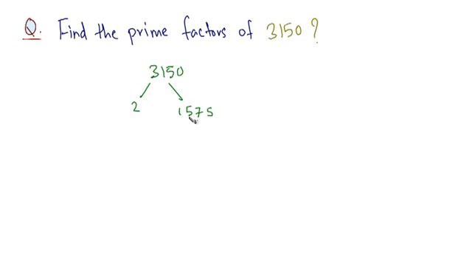Now again let's see if it is divisible by the lowest prime number 2. It is not, so we would go with the next bigger prime number, which is 3. So it is divisible by 3, so I would write 3 here, and I would write here 525. So it can be divided by 3, and here would be 175.